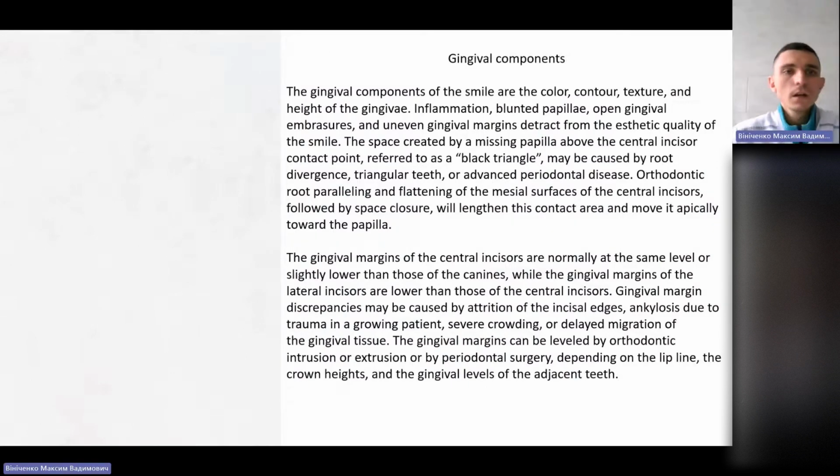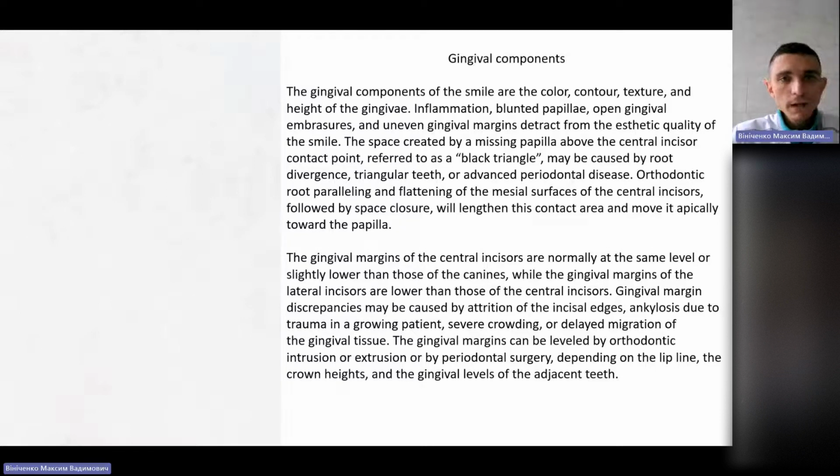Gingival components. The gingival components of the smile are the color, the contour, the texture, and the height of the gingiva. Inclination, blunted papillae, open gingival embrasures, and uneven gingival margins detract from the aesthetic quality of the smile.